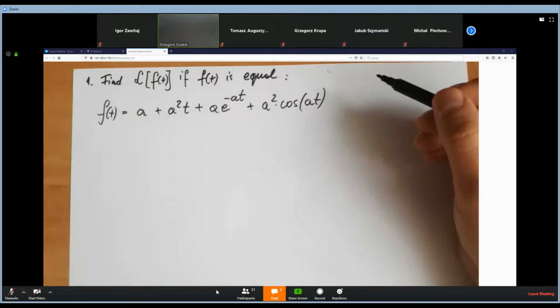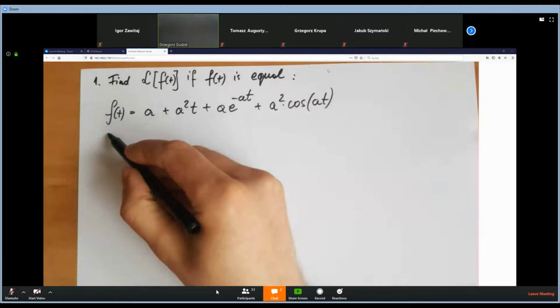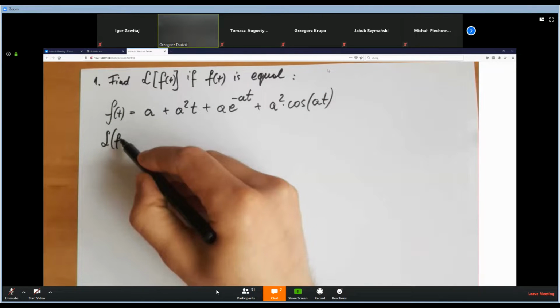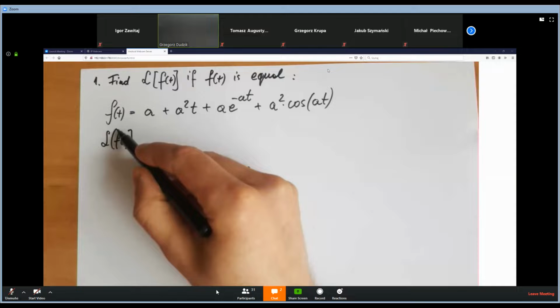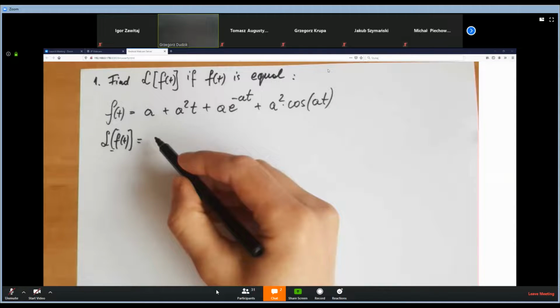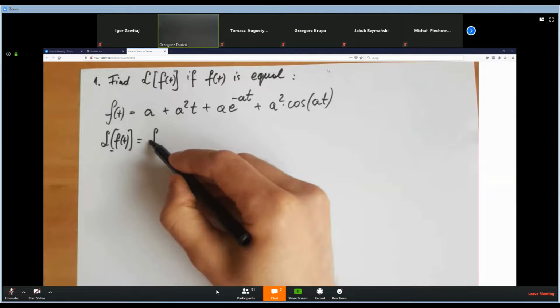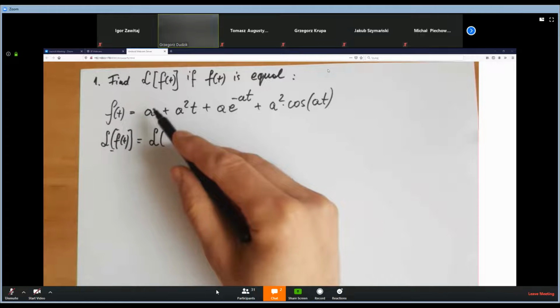So the Laplace transform of f(t) will be equal to the Laplace transform of each component of the f(t) function.